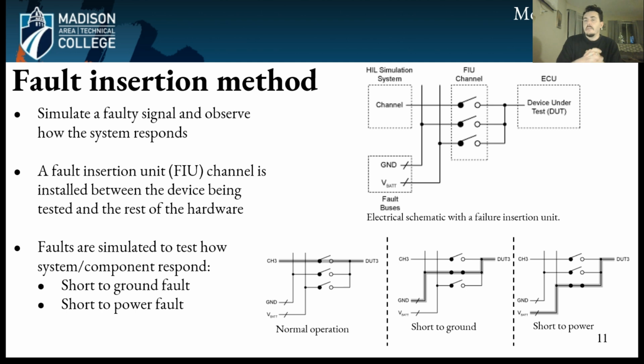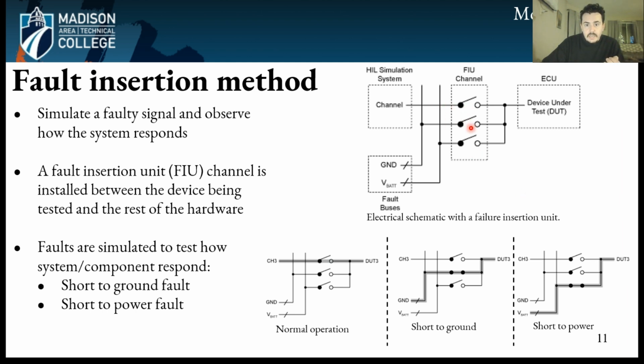All right, so the next method is called the fault insertion method. So this works by basically installing a fault simulation array. That's this component here. That's the fault insertion unit. So this component right here is designed to simulate faults.